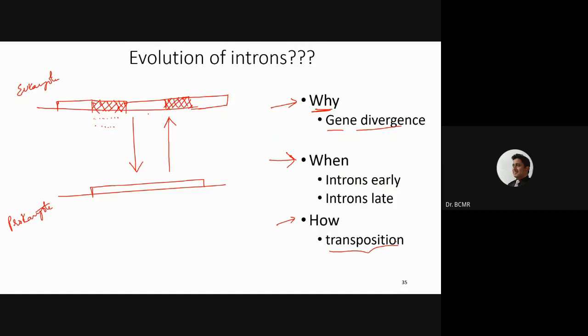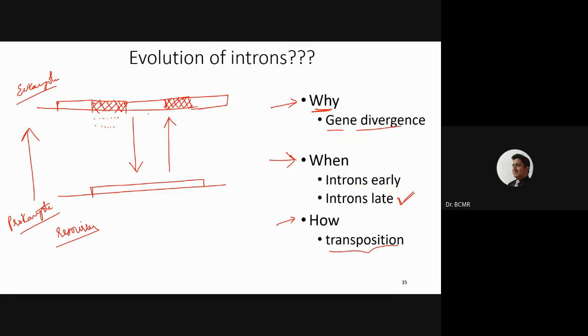But I have an opinion. I believe that it is introns late. If we think the evolution has happened in this direction, that we all have evolved from prokaryotes to eukaryotes, the earliest prokaryotes would have had a lot of trouble getting resources.